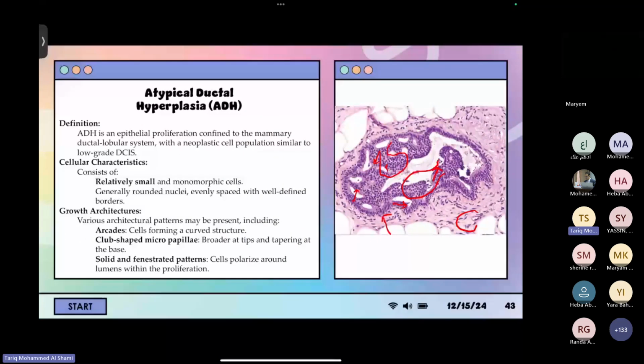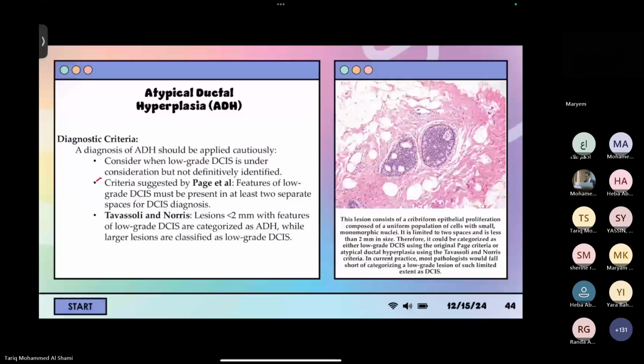Okay, diagnostic criteria of atypical ductal hyperplasia. We have now a very high consideration of the similarity between atypical ductal hyperplasia and low-grade DCIS. The paper reveals criteria suggested by Page et al.: features of low-grade DCIS must be present in at least 2 separate spaces for a DCIS diagnosis.